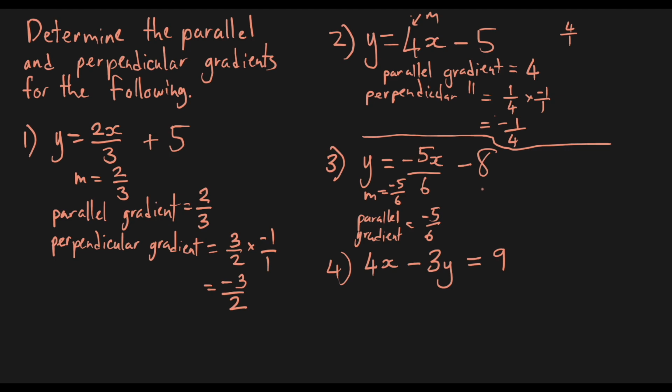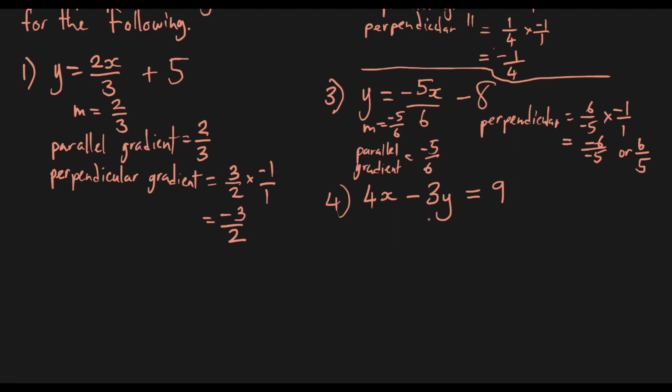For our perpendicular gradient, we flip this to 6/-5 and then multiply that by -1/1, which gives 6 times -1 is -6 over 5, so -6/5. Now we have a negative and a negative, so we know that is a positive. So 6/5 is our answer. -6/5 is also the same thing, but it's just nicer to have 6/5.